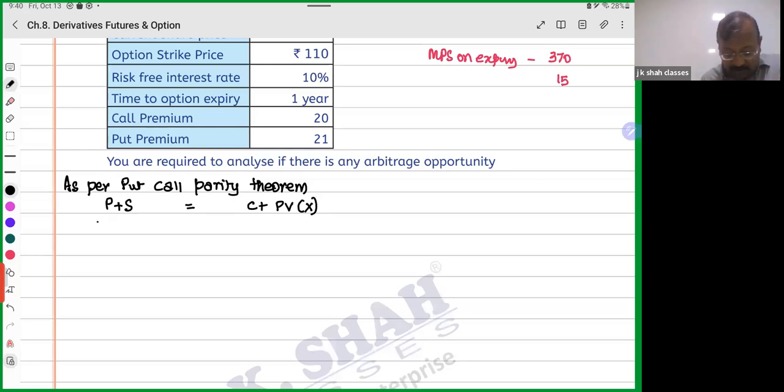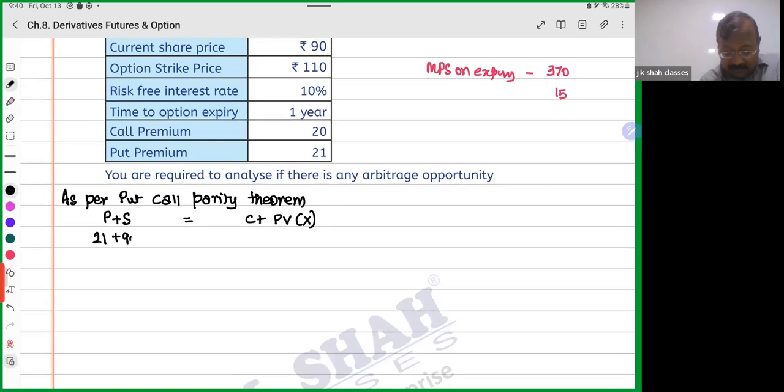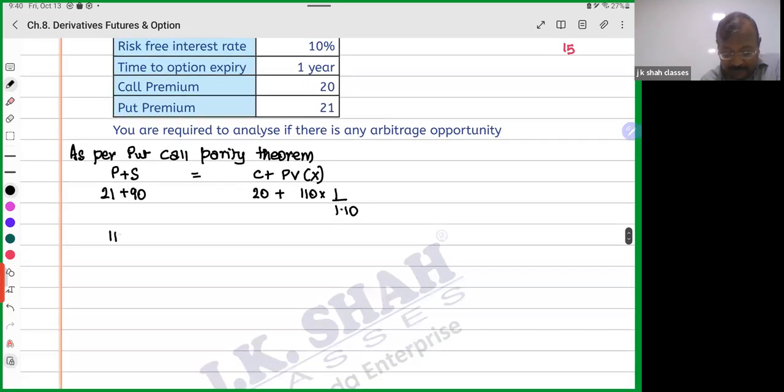Now P is 21, stock price 90, call 20, and PV of X will be 111, and this will be 1. तो आर्बिट्राज प्रॉफिट कितने का बनेगा? 9 rupees. 1 minute. By doing what?